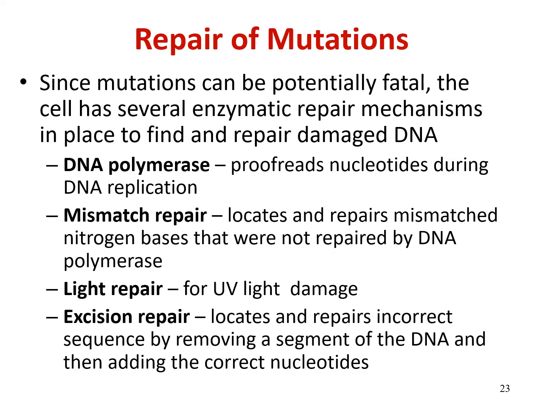Earlier, we indicated that DNA has a proofreading mechanism to repair mistakes in DNA replication that might otherwise become permanent. Because mutations are potentially life-threatening, the cell has additional systems for finding and repairing DNA that has been damaged by various mutagenic agents and processes.